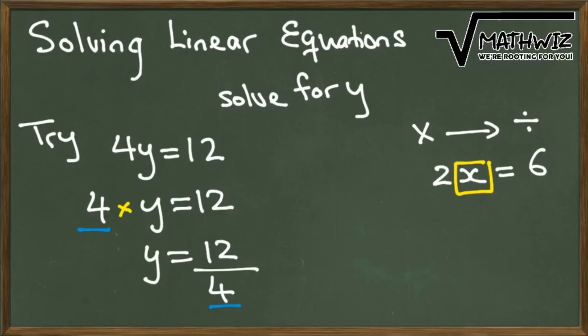All right, so 12 divided by 4 is going to give you 3. Okay, so we've done those.